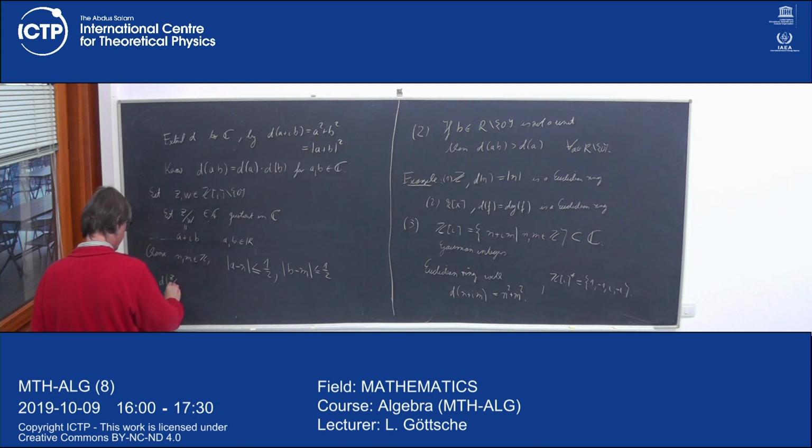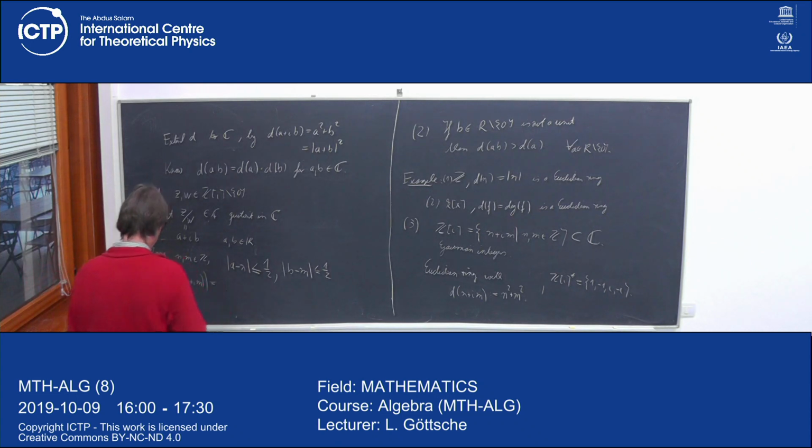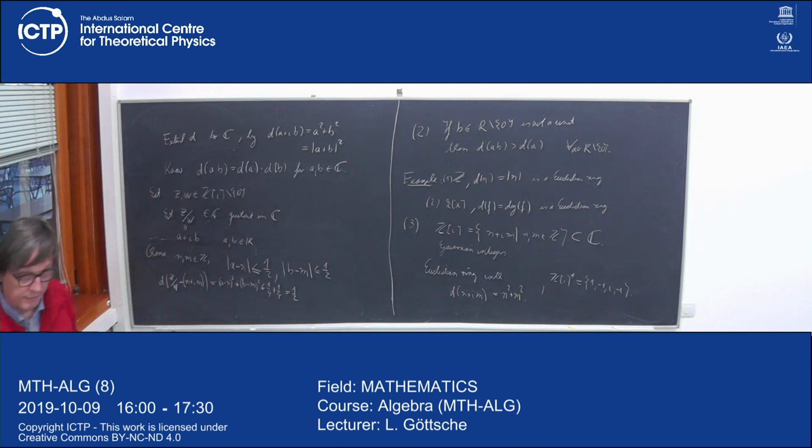If we take z divided by w minus n plus im, well, this is a minus n squared plus b minus m squared, which is smaller or equal to 1/4 plus 1/4. So the distance squared is at most 1/2.